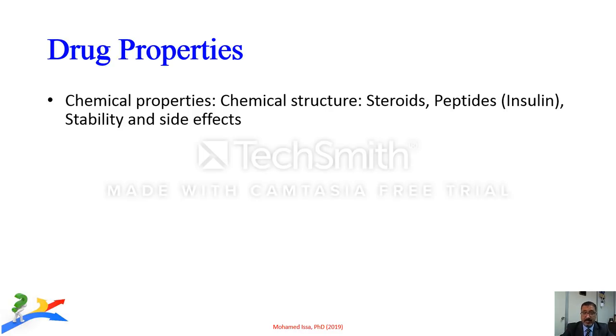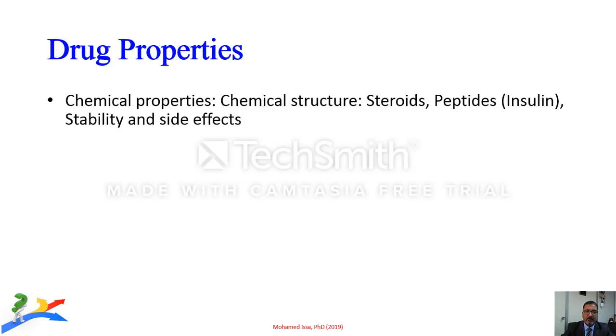They are available in the form of tablets or capsules, but to this day we have never heard of an insulin tablet. Why is that? A very simple answer has to do with the chemical structure of insulin. As you all know, insulin is a peptide. It's not a protein, it's a peptide composed of about 51 amino acids.